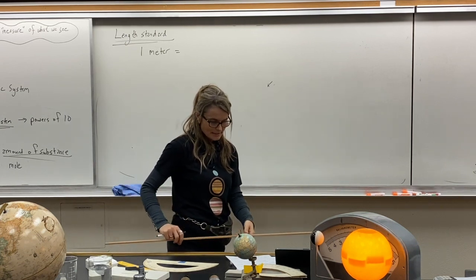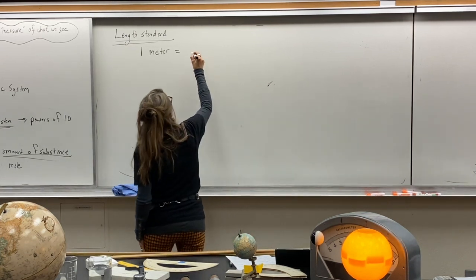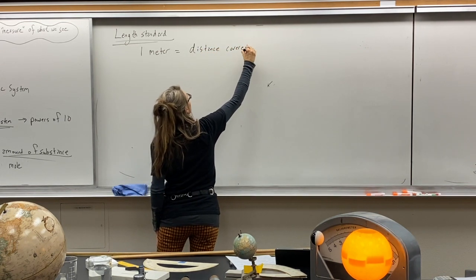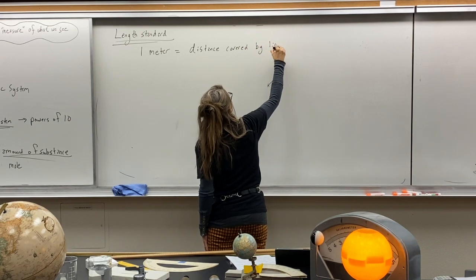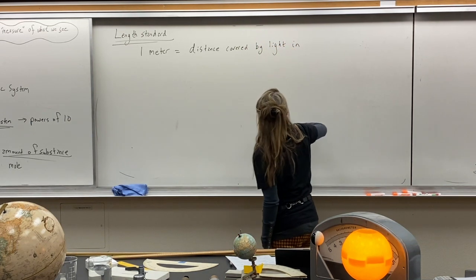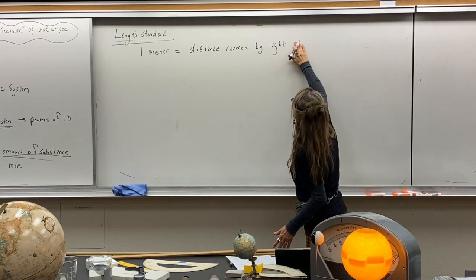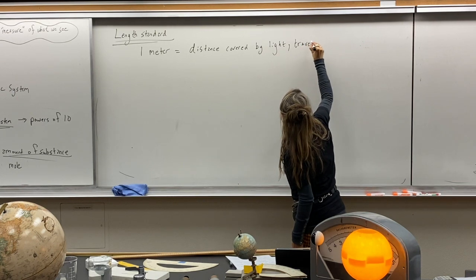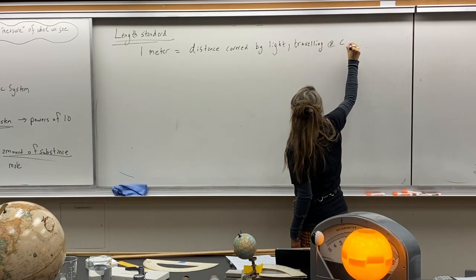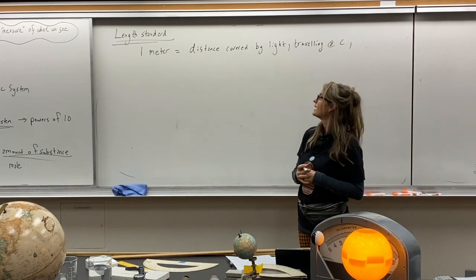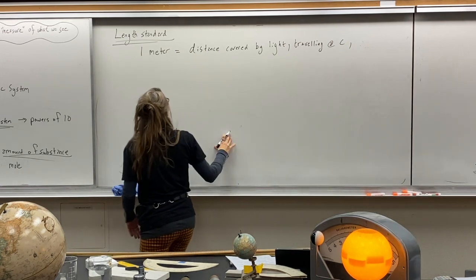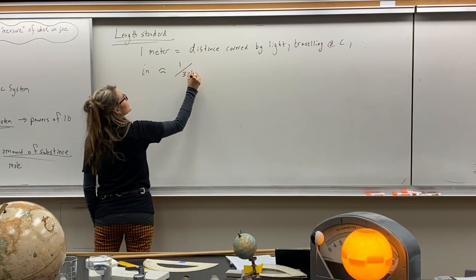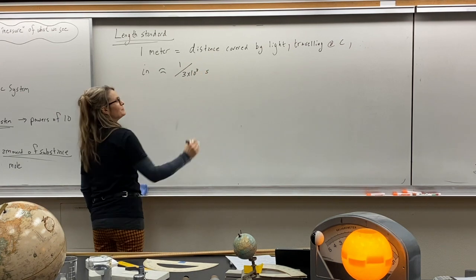So length, we could say, is the distance covered by light traveling at the speed of light c in approximately 1/3 times 10 to the 8th of a second.